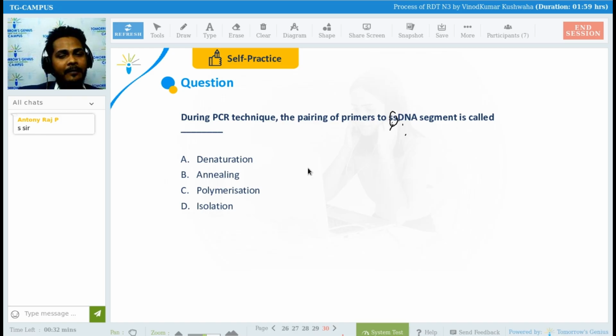So when you add this single stranded DNA along with the primers, and the primer is pairing with the single stranded DNA, this process is called annealing. Now this is sure. Yes. So it's an annealing process.